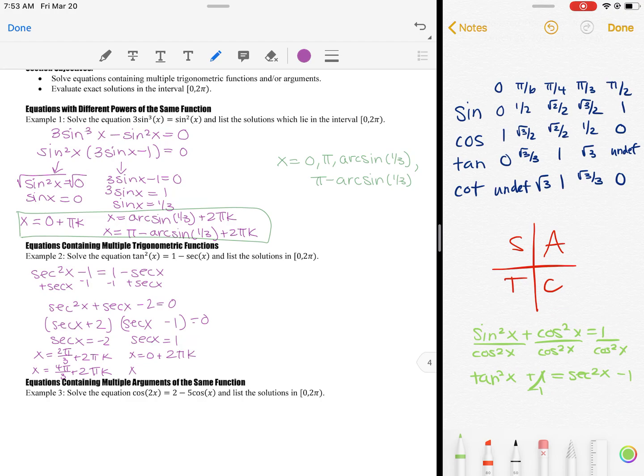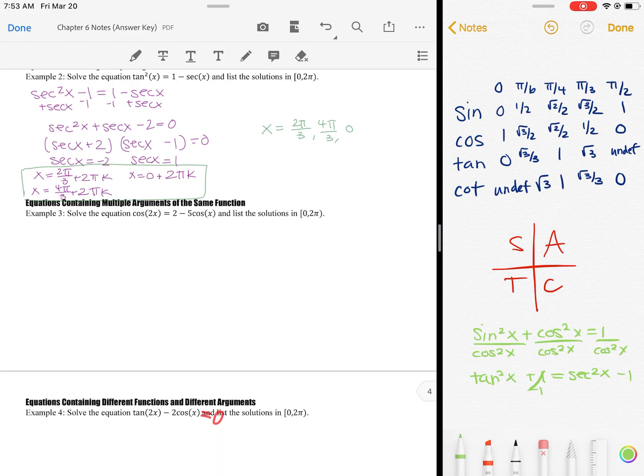So now x equals, okay, I guess that's just, and there's no other place that it equals a positive one. So these are my exact solutions, all my exact solutions. And then in the interval, if I look at this first one, I get 2 pi thirds, and there's nothing else from 0 to 2 pi. I get 4 pi thirds, and then I get 0.